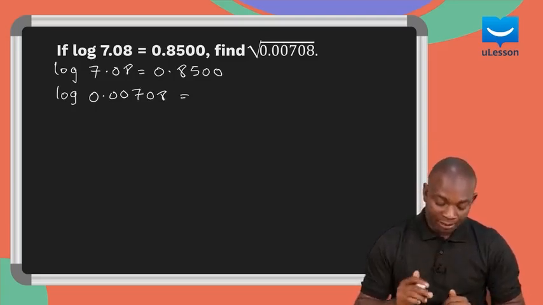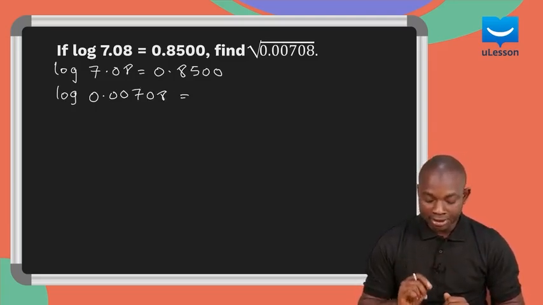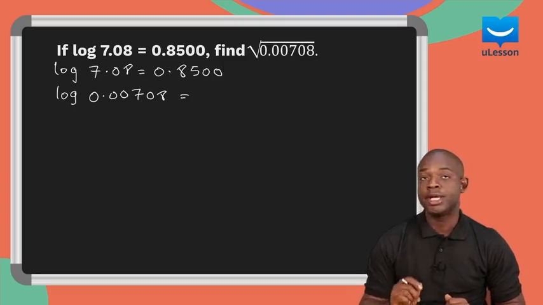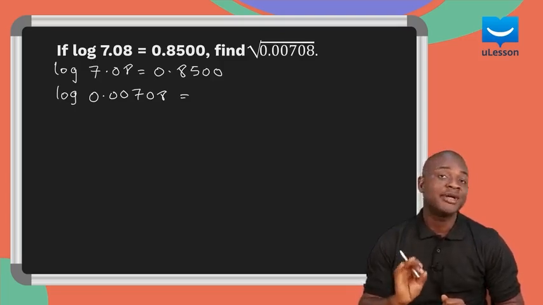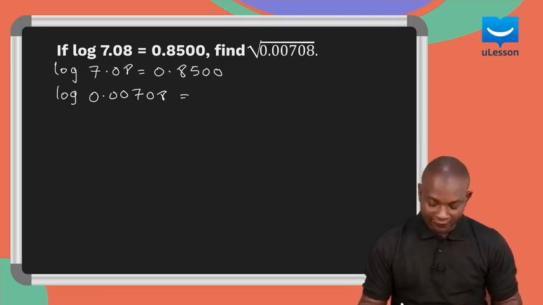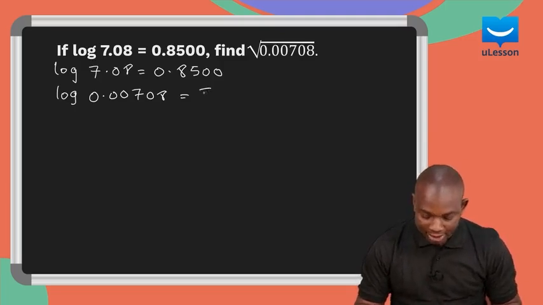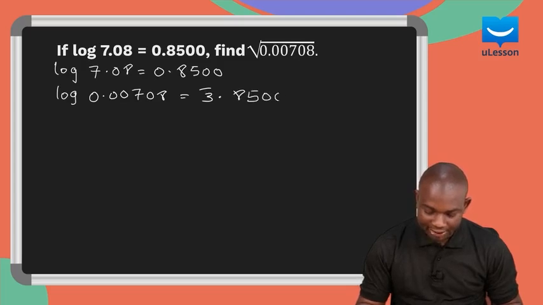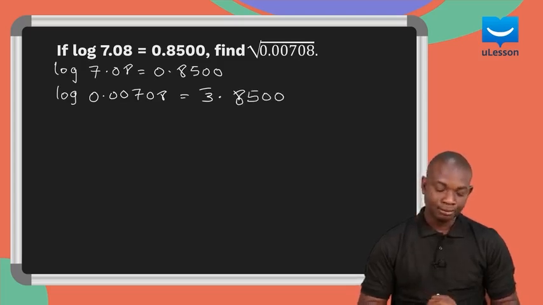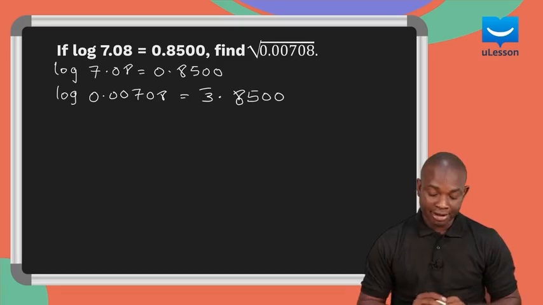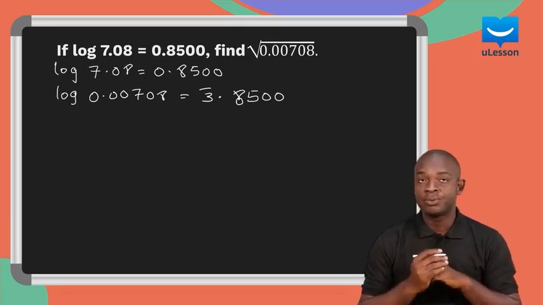And comparing 7.08 with 0.00708, we can see that the difference is 3 decimal places. Therefore, the characteristic will be bar 3, and the decimal part will remain the same, that is 8500. And now that we have the logarithm, let's divide it by 2.